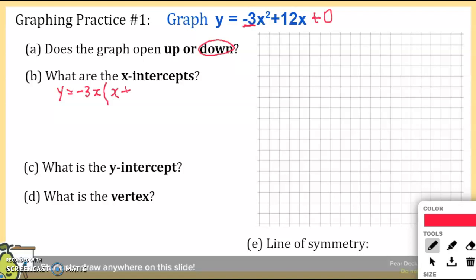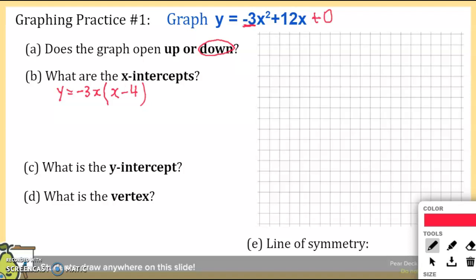That's going to be -4. Oops, I meant -4. So x minus 4, and again I should quickly multiply it out. You can do it in your head if you feel comfortable, or you can do it on paper. -3x times x is -3x squared, which is what I have. -3x times -4 is positive 12x.